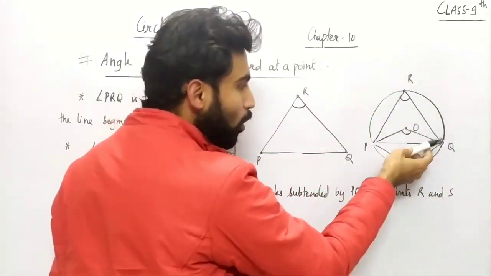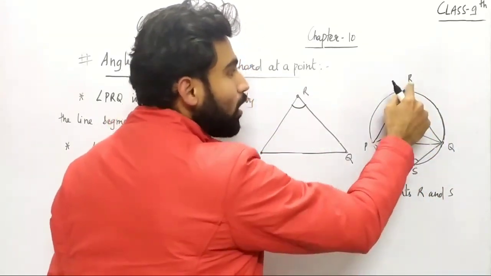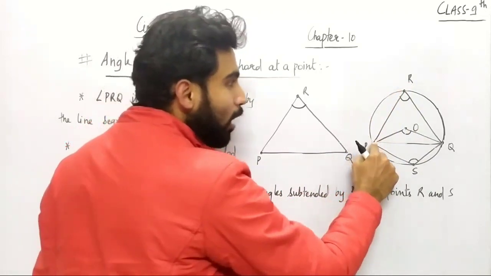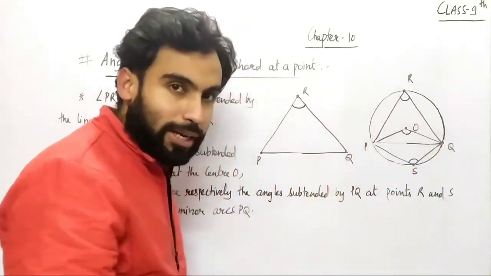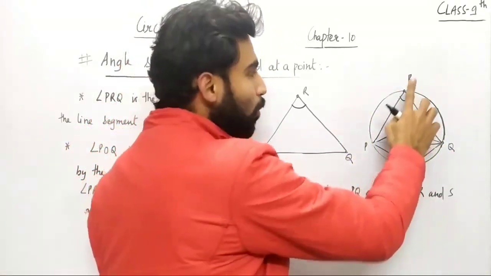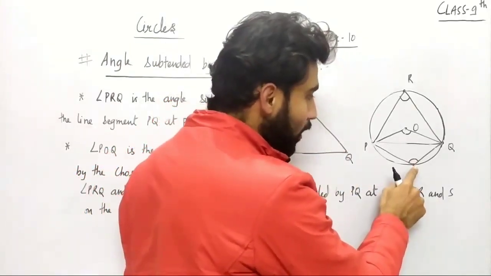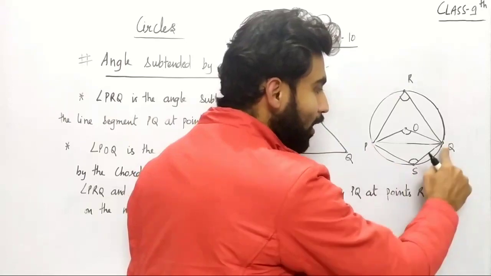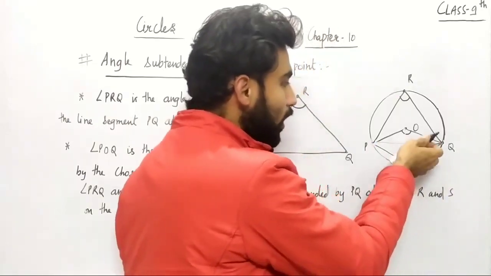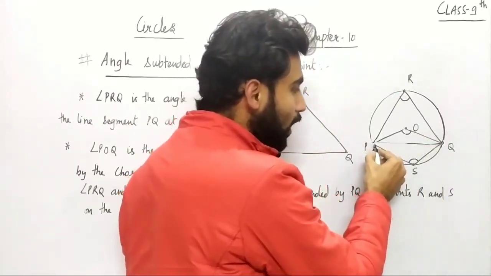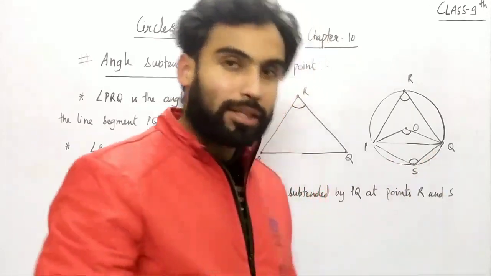Here the chord PQ subtends angle PRQ at point R. The point R is on the major arc, and similarly the point S lies on the minor arc. So this chord again subtends angle PSQ at the minor arc.